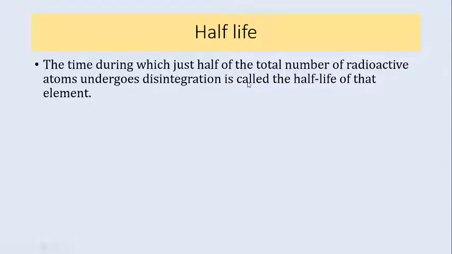So the half-life is actually specific for each particular radioactive isotope. Some radioactive isotopes have a longer half-life, billions of years. For example, isotopes of uranium have a half-life of several billion years, while the half-life of radon is about 3 days.